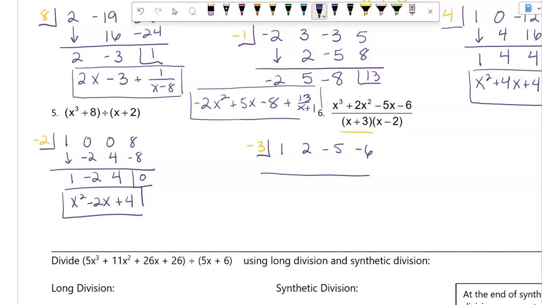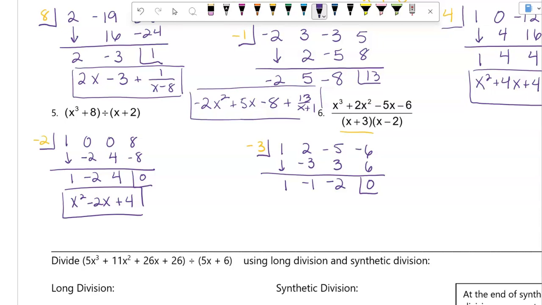Okay, so what we're going to do is a round of synthetic division. Bring the 1 down, multiply times the 0, add, multiply times the 0, that makes a positive 3, and add, multiply times the 0 of negative 3, get a positive 6. All right, so when we have a remainder of 0, we now have a quadratic.